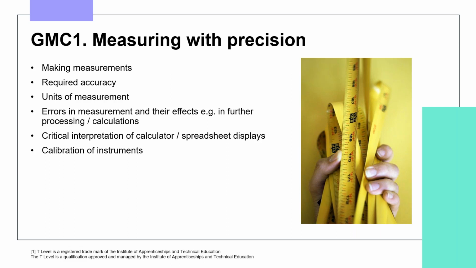Measuring with precision can include choosing the correct equipment for the task, the units and scale of the measurement needed, taking account of any errors, such as zero errors and equipment that is off by a set amount. How this zero and systematic error could be affected with further calculations. The error could get compounded. Even reading calculator screens and choosing the appropriate number of significant figures or decimal places.